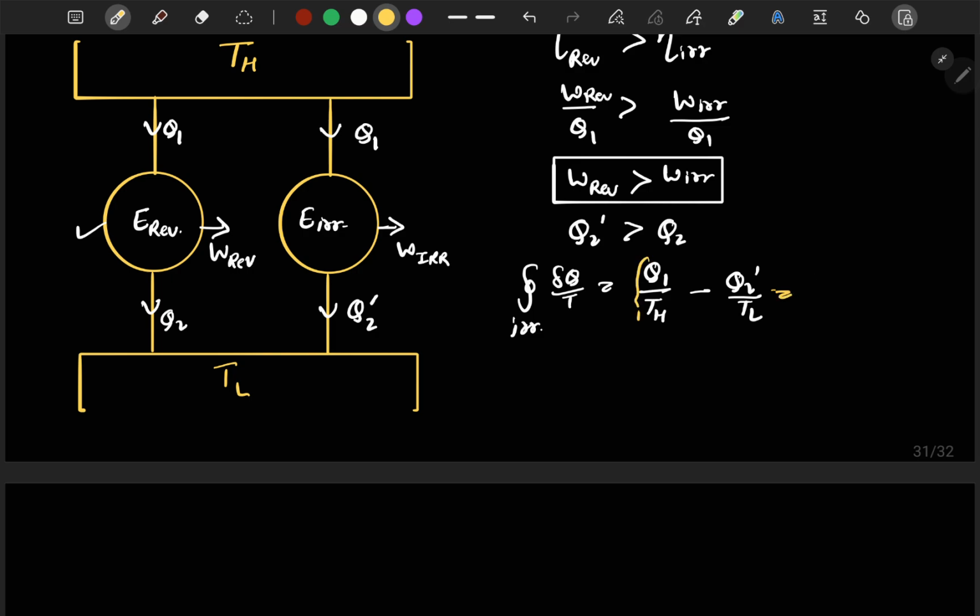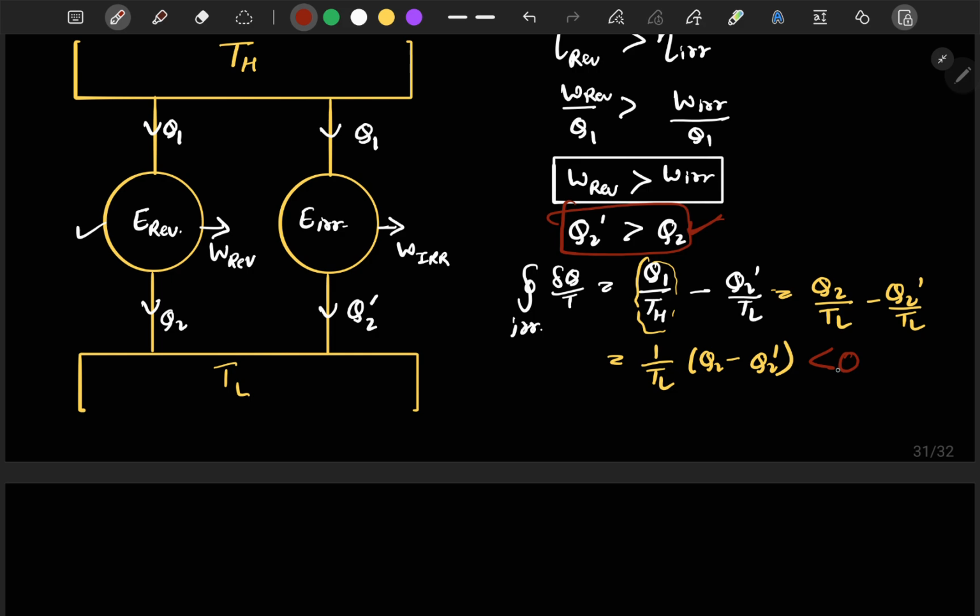So we convert Q1 by TH into Q2 by TL minus Q2 dash by TL. We can write it as 1 upon TL times Q2 minus Q2 dash. We know that Q2 dash is greater than Q2, so this term will always be less than 0. So for an irreversible cycle, the cyclic integration of del Q by T is always less than 0.